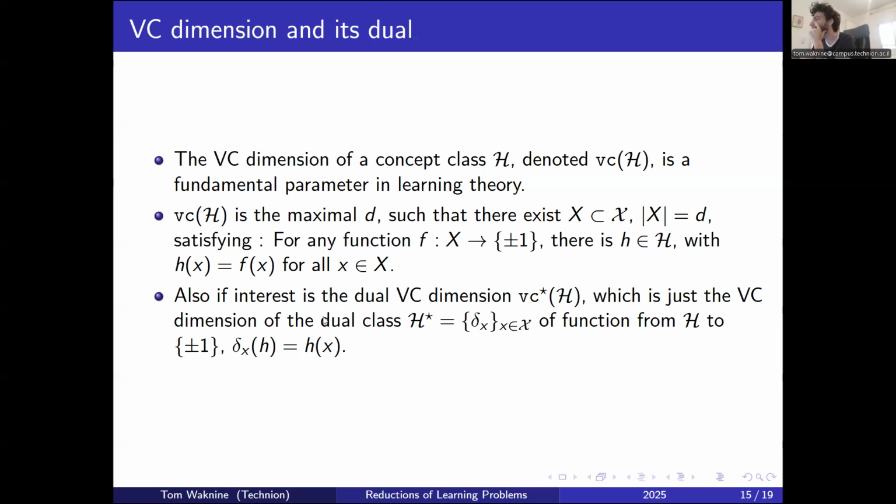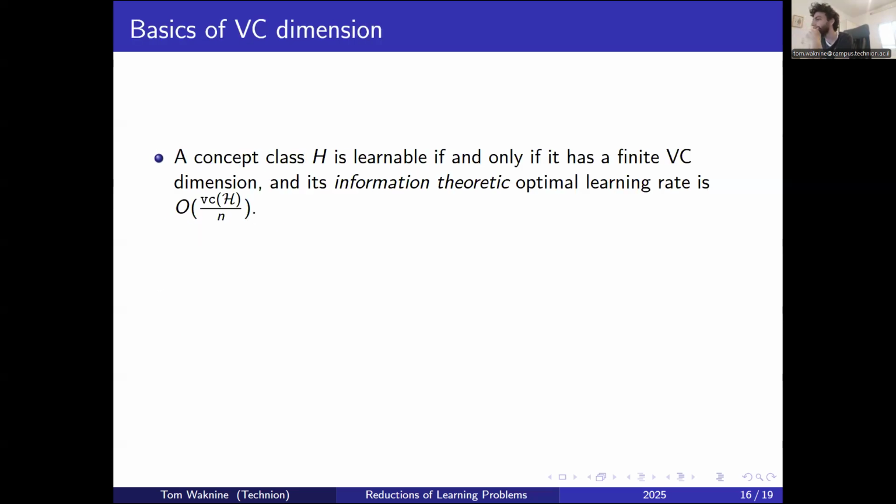This is not too important. Just know that you use this parameter, which is very standard and very fundamental in learning theory, so it makes a lot of sense to look at how the VC dimension relates to any parameter you study, and in our case, these reductions.